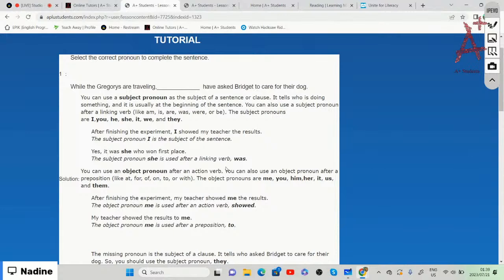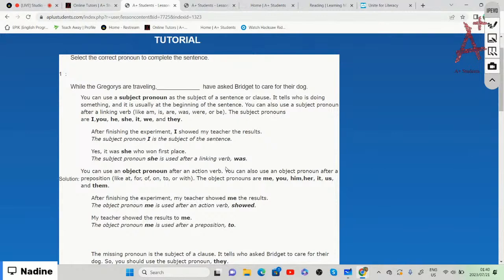The prepositions are, for example, at, for, of, on, to, or with, right? So we can use it after a preposition. The object pronouns are me, you, him, her, it, us, and them, right?